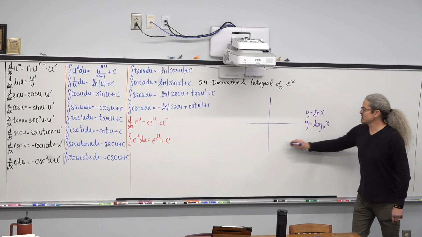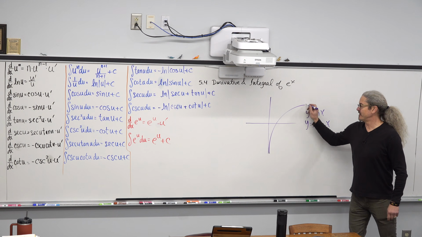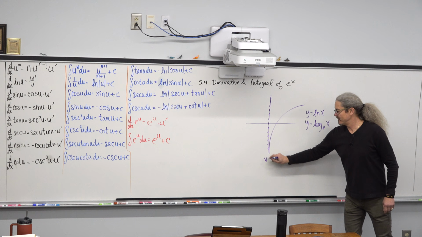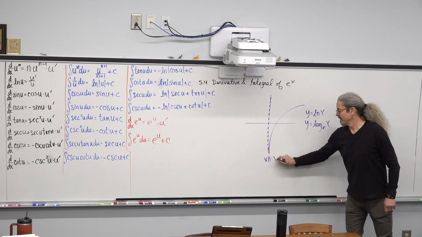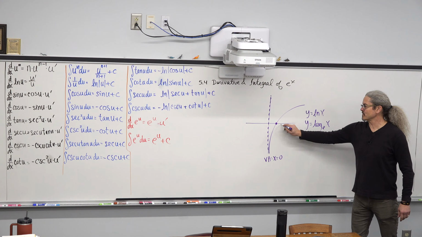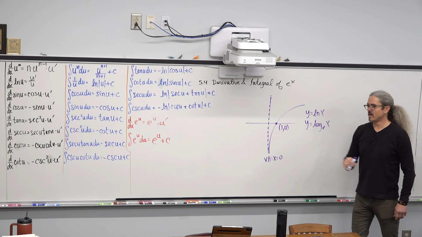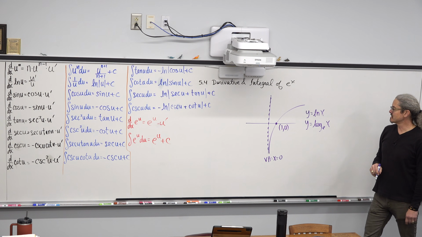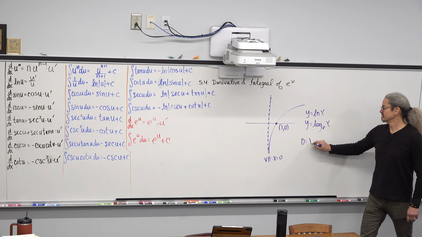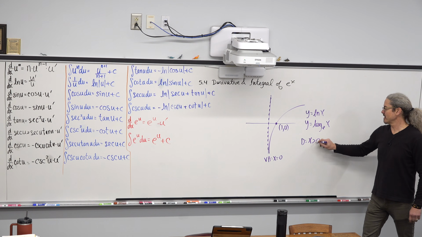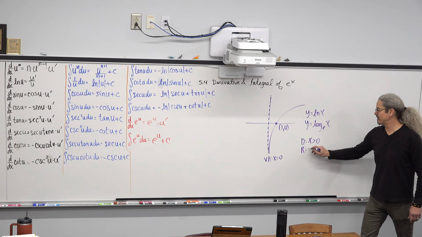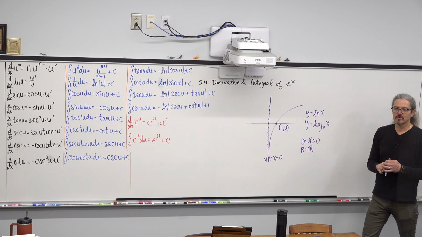But y equals natural log of x is a function that has a vertical asymptote of x equals 0, passes through the coordinate, before transformation, of (1, 0), and has a domain of x greater than 0, and a range of all real numbers.